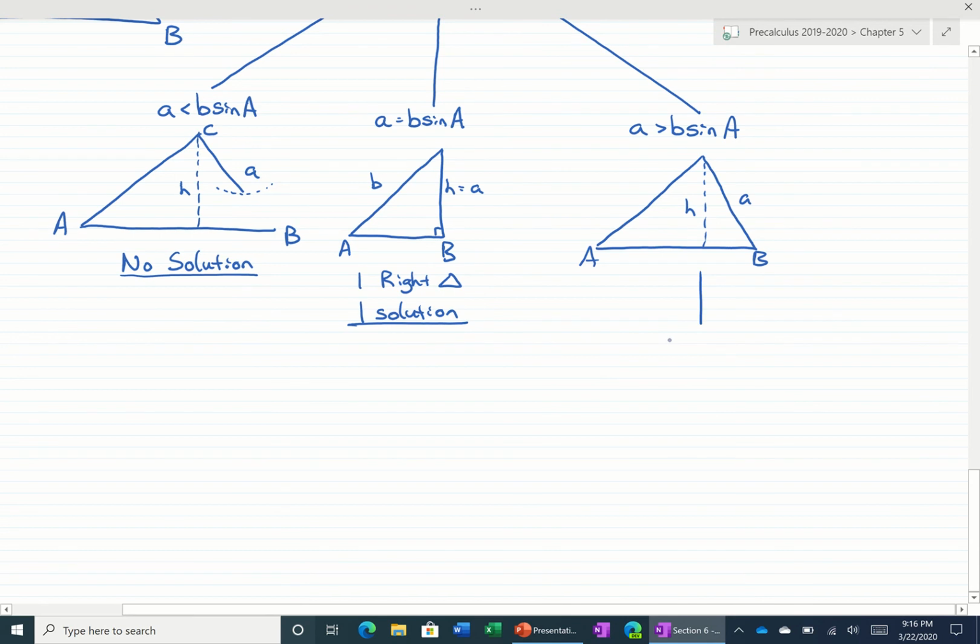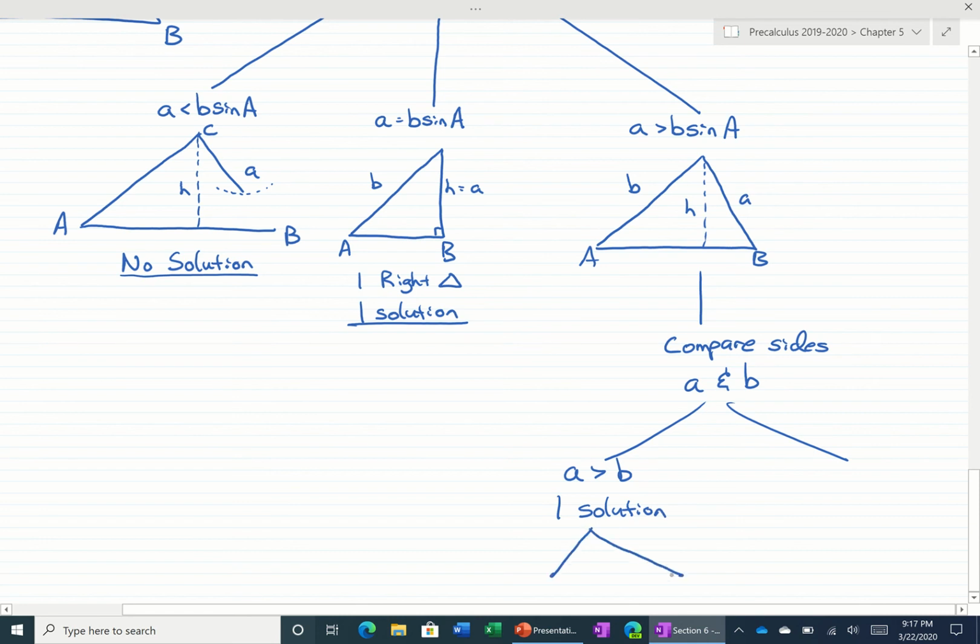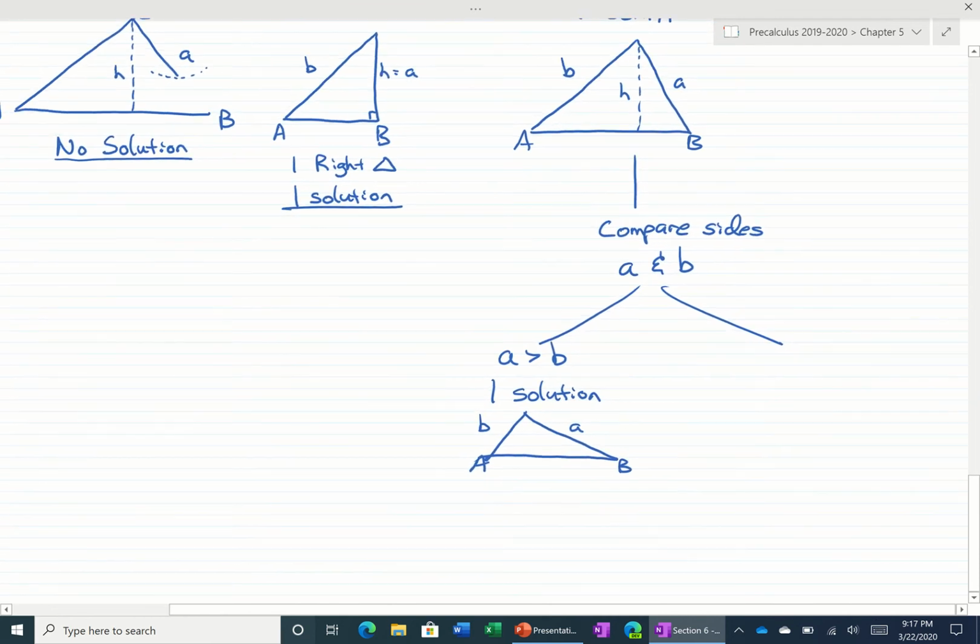What we're going to do is we're going to compare sides A and B. If side A is bigger than side B, there's one solution, and the answer looks like this. If side A is smaller than side B, then there's going to be two triangles.